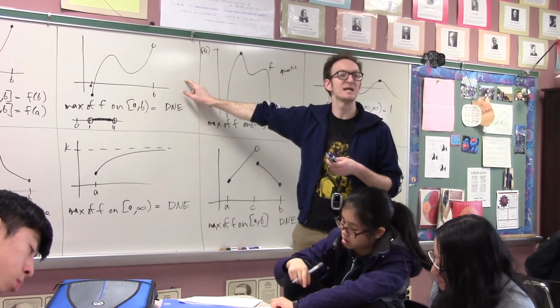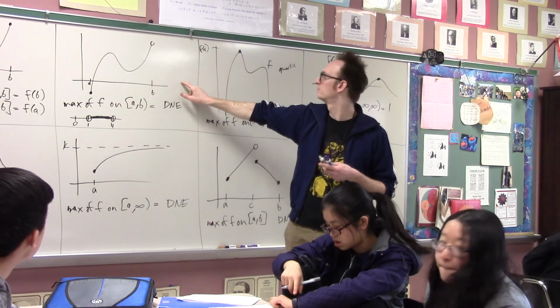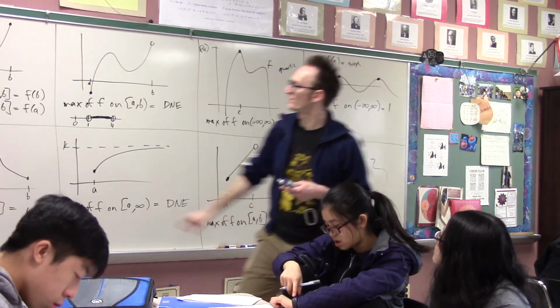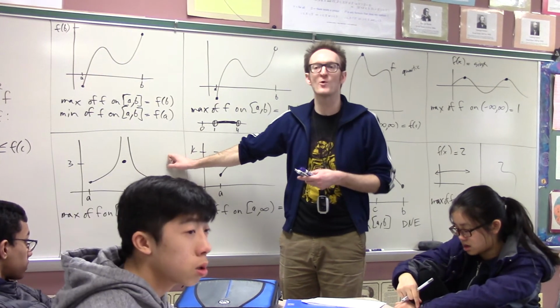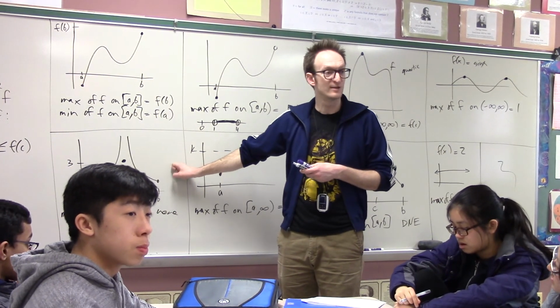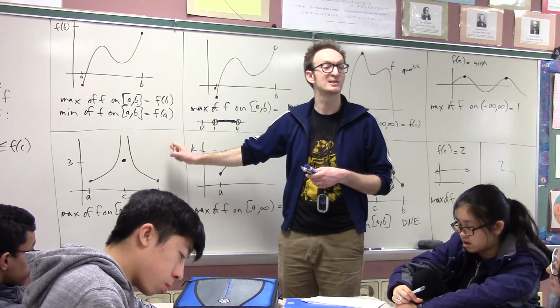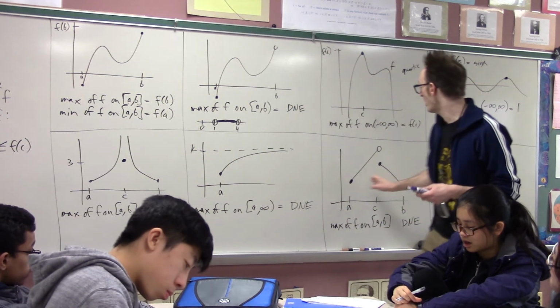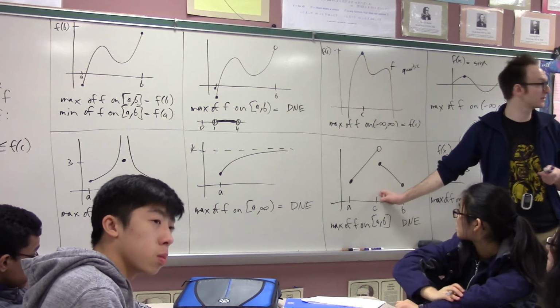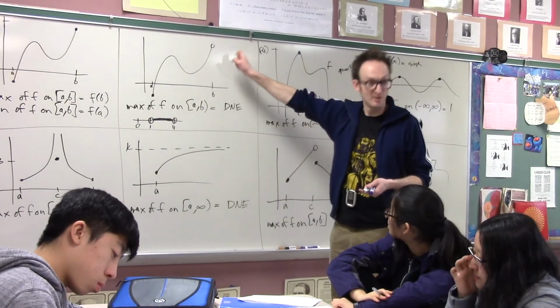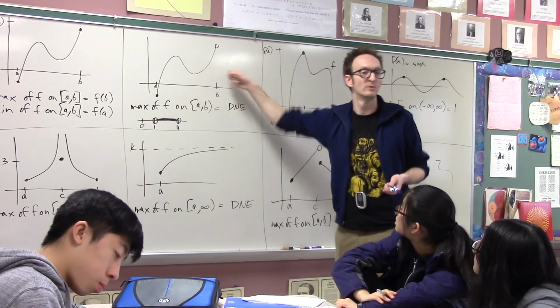No, not 2. What? This one. Are you calling this 2? No. This is a good example of, even though we are looking at a closed interval, this function is not continuous, and so there's no maximum. Oh, yeah. Here also, this function is not continuous, so there's no maximum. Why do we insist on the interval being closed? This reason. Everyone cool? Yeah. So that shows why we really do need both of those things.